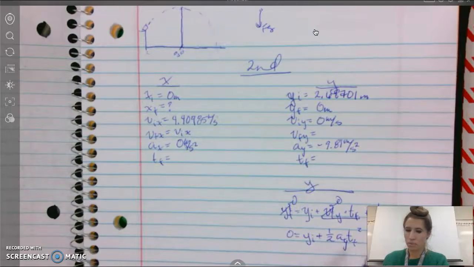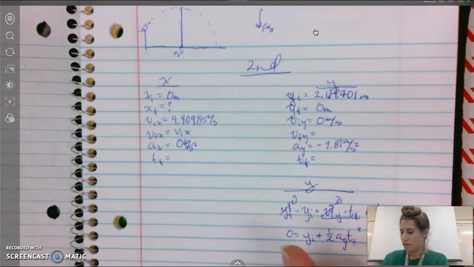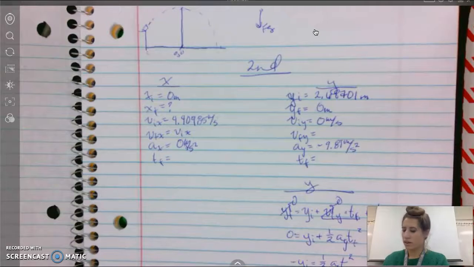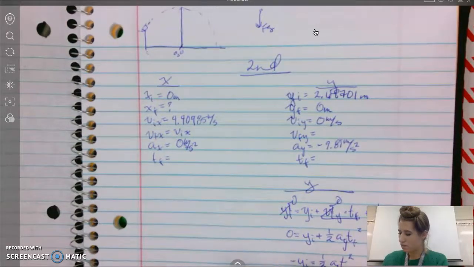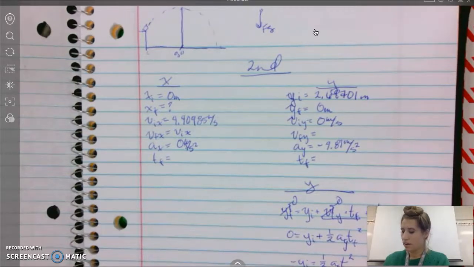Let's solve for the time component. I'm going to rearrange this to solve for time. I'm going to start by subtracting that y initial to the other side. Now I want to get time by itself, so I'm going to divide by 1/2 an acceleration. Right now we're equal to time final squared.